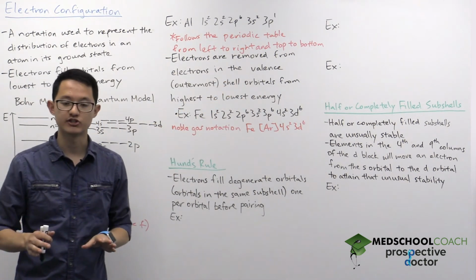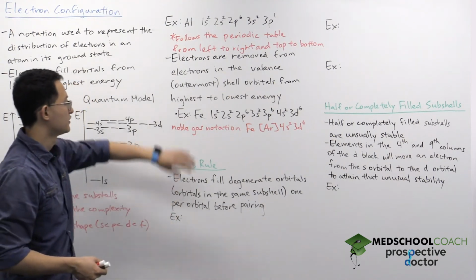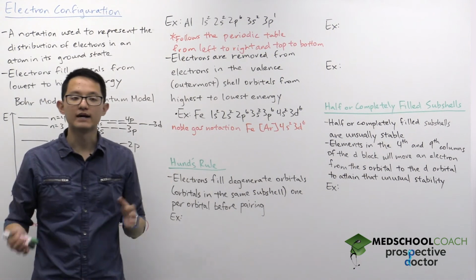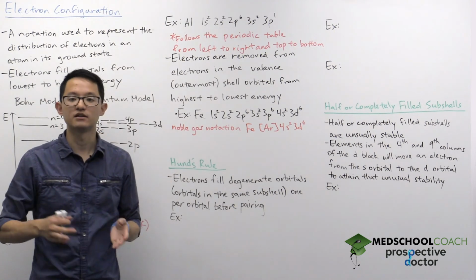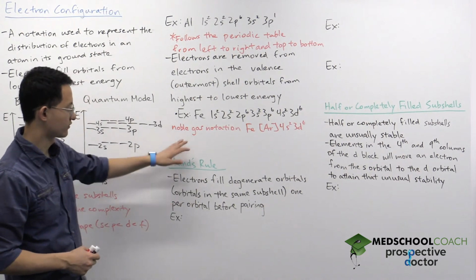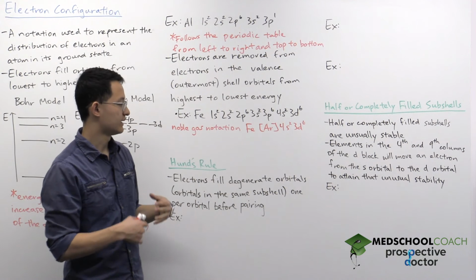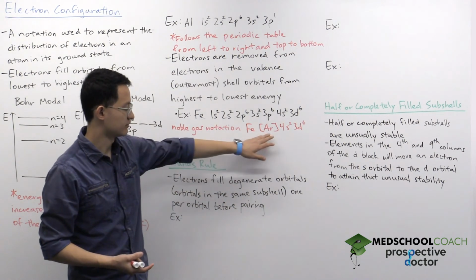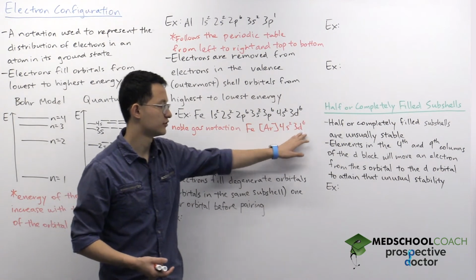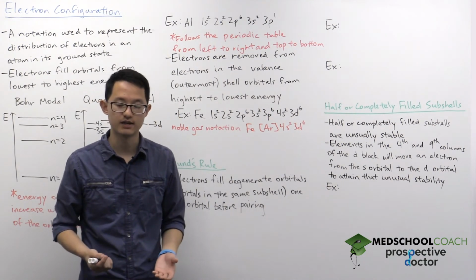So first of all, valence shell is the outermost shell with electrons. So you're removing electrons from the valence shells from the highest energy orbitals to the lowest energy orbitals. And this is pretty important because, for instance, if I take a look at iron, its outer electrons, which you would think of as after argon, you have 4s2 and 3d6, at least based upon our electron configurations.